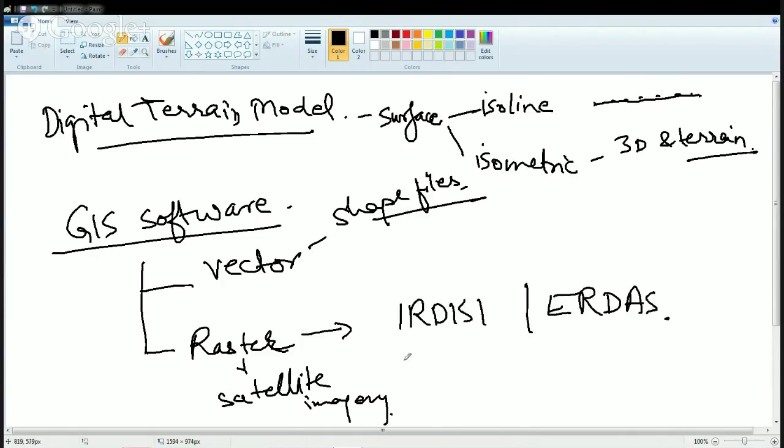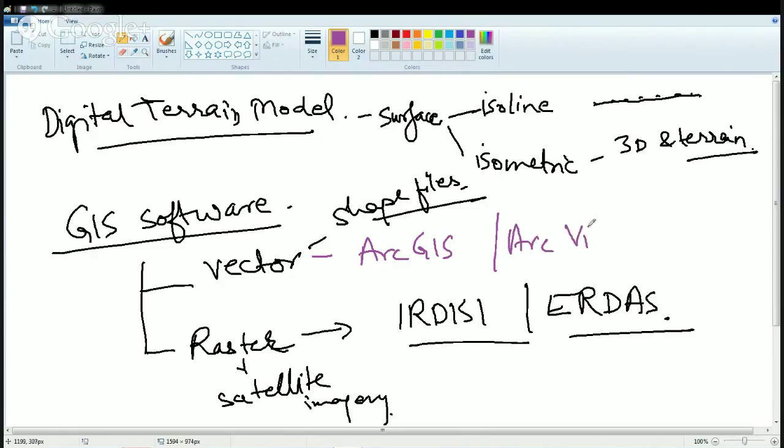These are the two commonly used softwares for raster images. The commonly used software for vector form are ArcGIS, then you have ArcView or MapInfo. These are the most popular softwares for vectors, and these are the most popular softwares for raster data.